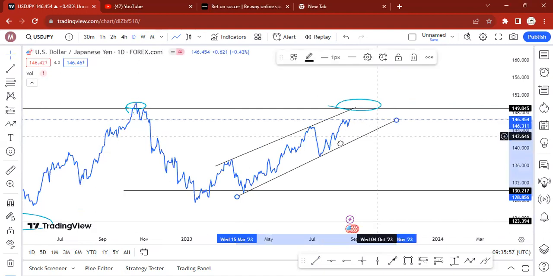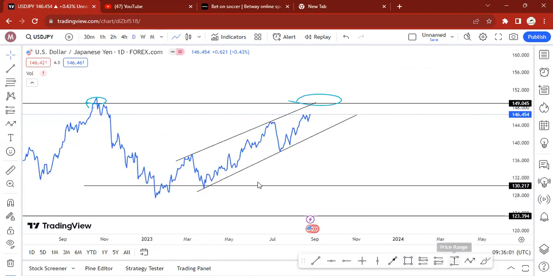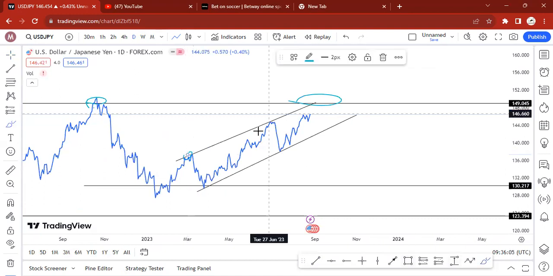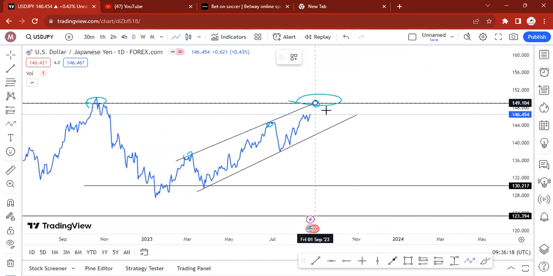Right. So there we can see that we have first touch, second touch. Our third touch has to be here. And then on this level, it's also our stronger level of resistance, meaning that we'll actually be looking to sell this pair when it reaches this side until here, right?